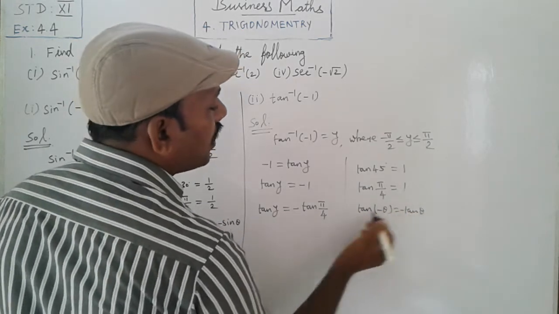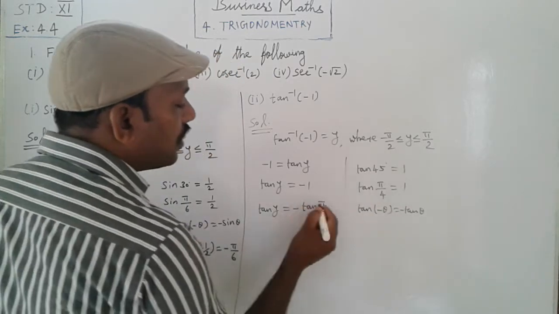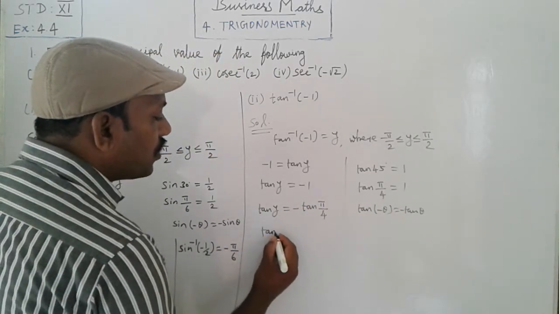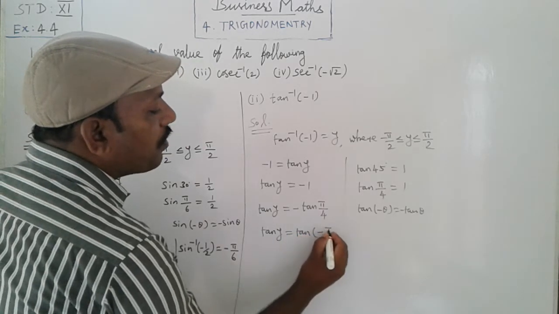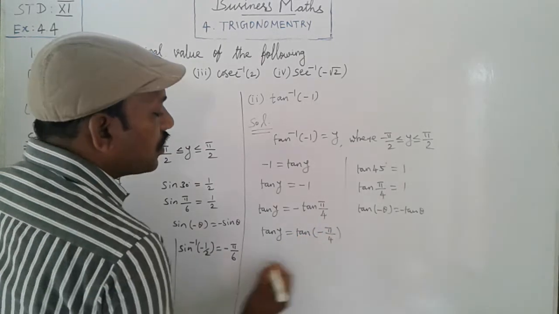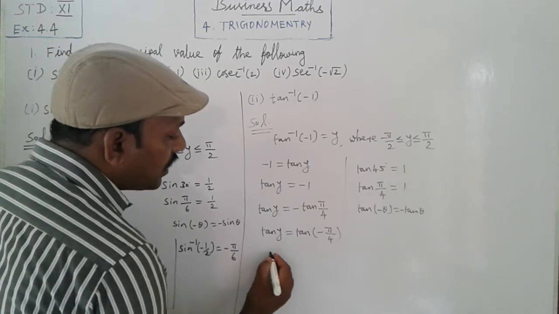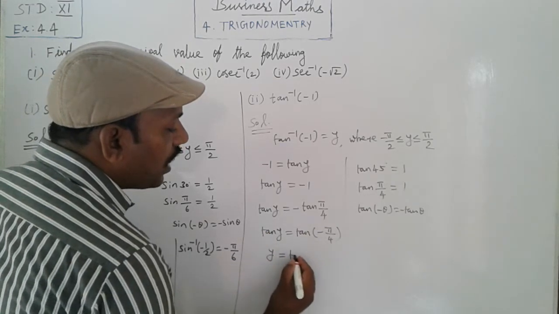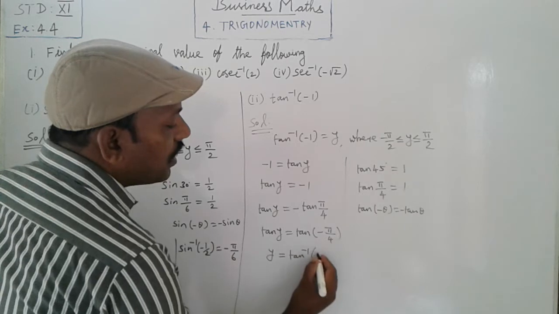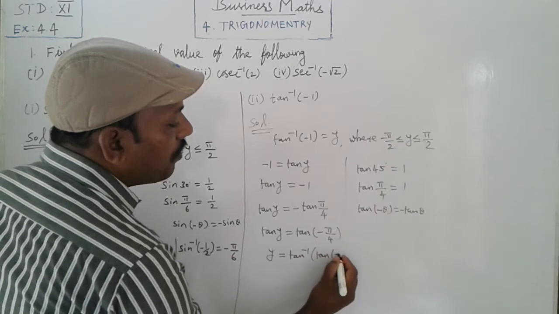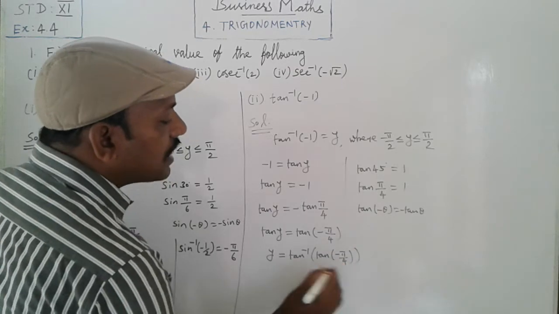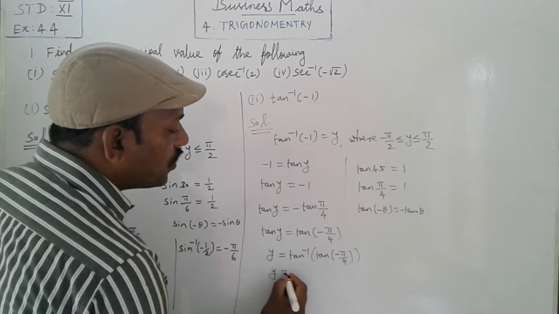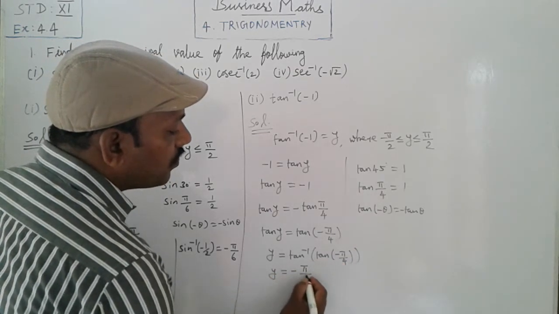So tan y equal to tan of minus pi by 4. Taking the right hand side, y equal to tan inverse of tan of minus pi by 4. Tan inverse of tan is cancelled, y equal to minus pi by 4.